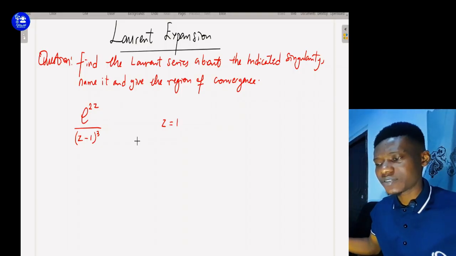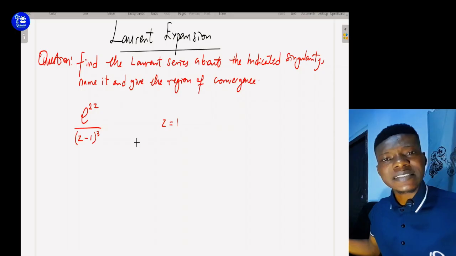The first thing you need to take note of is that you need to understand the concept of Taylor series, that is the Maclaurin series. Let's quickly do a revision on that.